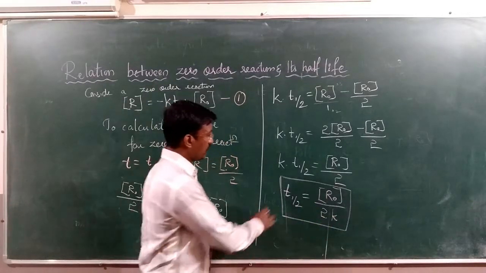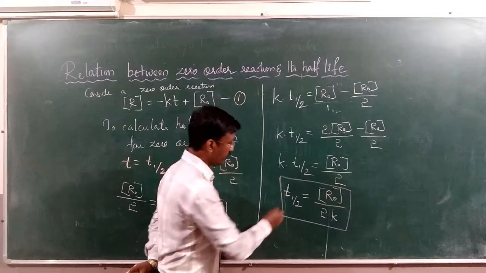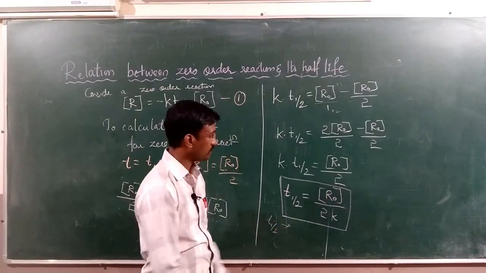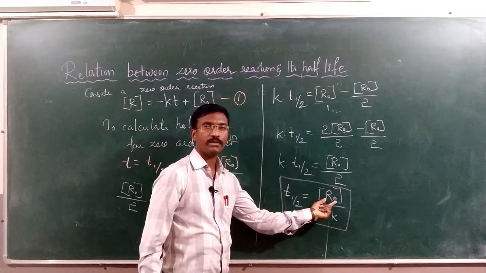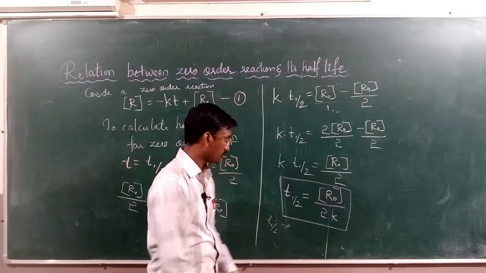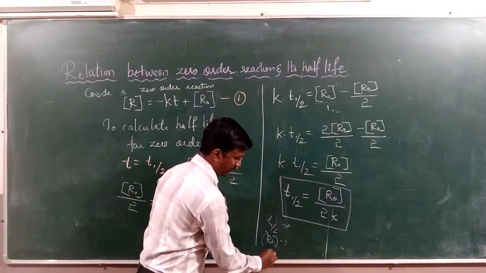Can you see here, T half is nothing but the half-life of the zero order reaction, and R naught is nothing but the initial concentration, and K is the rate constant.